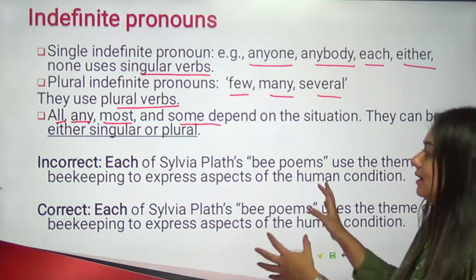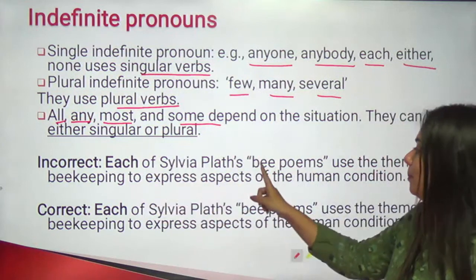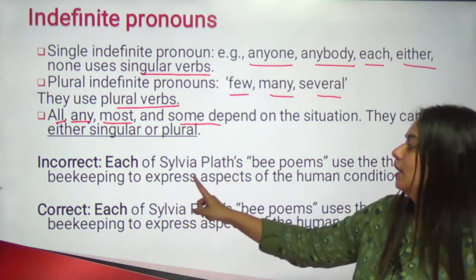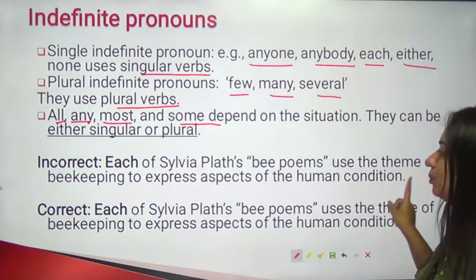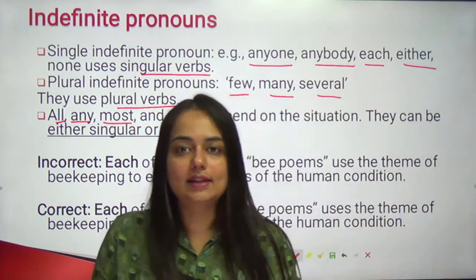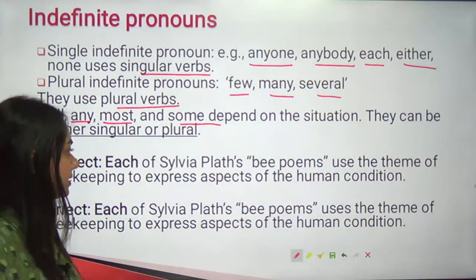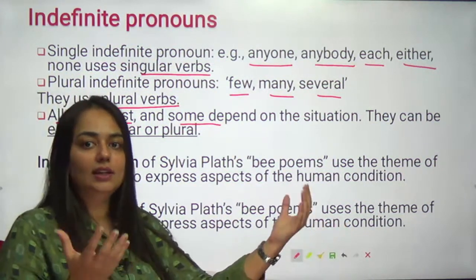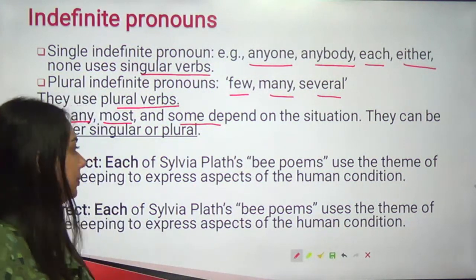Okay, let us see this. Each of Sylvia Plath's bee poems use the theme of beekeeping to express aspects of human condition. Now probably this is the first lengthy sentence that we are doing in today's class. Let us understand how to identify the subject, how to identify the verb, and then how to make them agree in number.